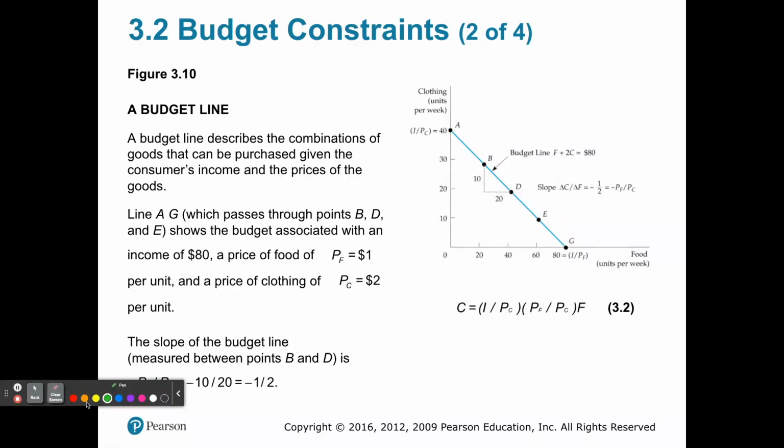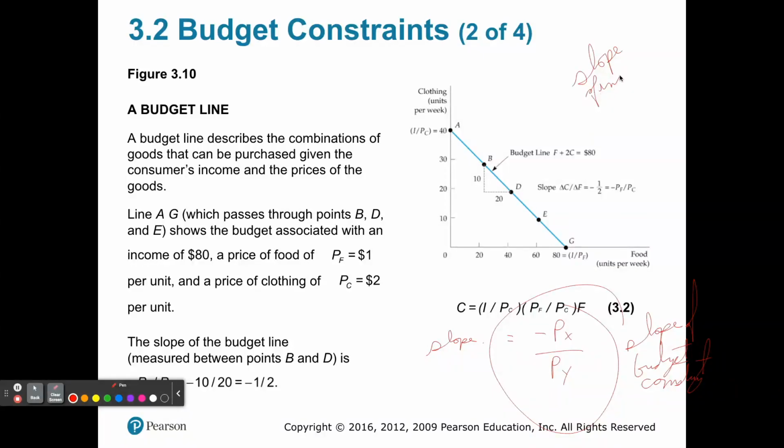The slope here is the negative of the price of the good on the x-axis over the price of the good on the y-axis. That's the slope of the budget constraint. Now, I don't know why they didn't show it on that slide, but what about the slope of the indifference curve?